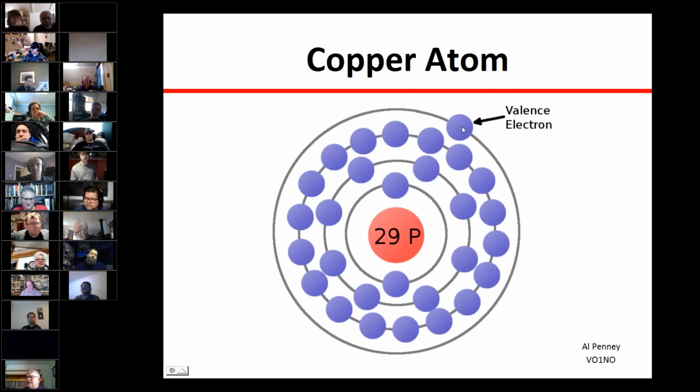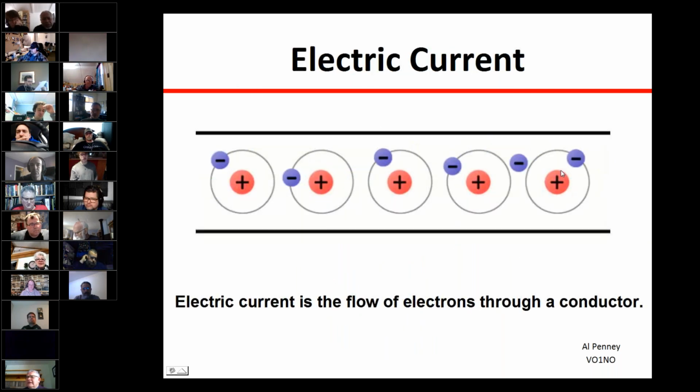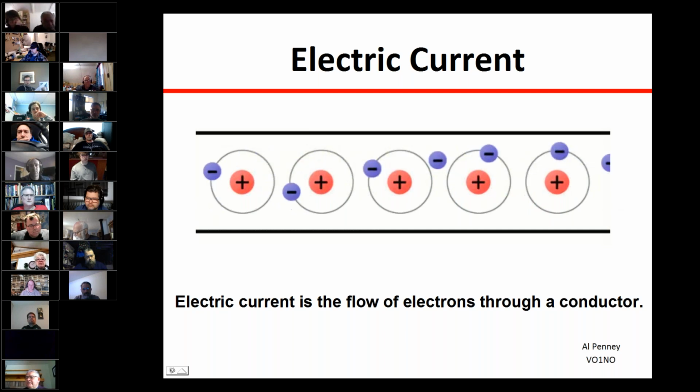So the valence electron in copper is able to get out and travel around, and that's what happens here. If you push them in the right way, the outer electron in copper will go from atom to atom and flow along like this. And electric current is actually the flow of electrons through a conductor.